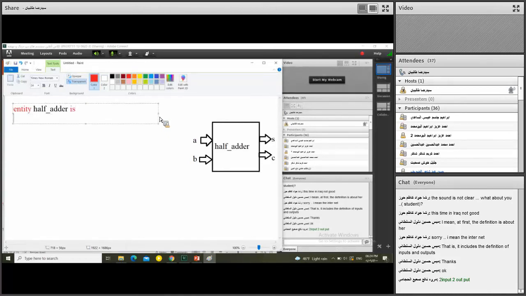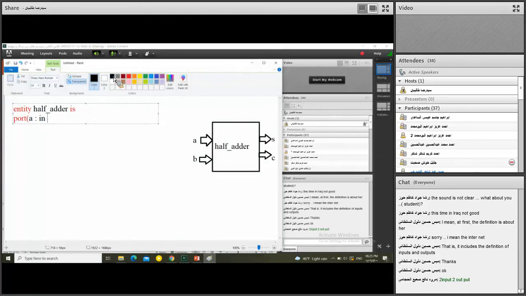Port means that we start the description of inputs and outputs. We speak about the input ports and output ports. For example, A. What about A? A is input, then we write in. And what about the type of A? It is a bit.